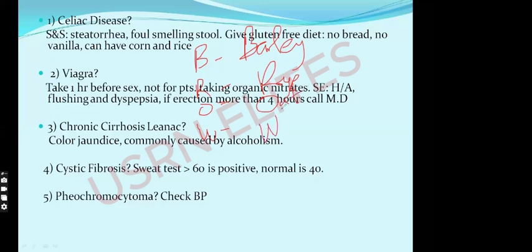And this one is wheat. So we have this BROW diet. That's for people with celiac disease. It is not safe for people with celiac disease because they contain the protein gluten.